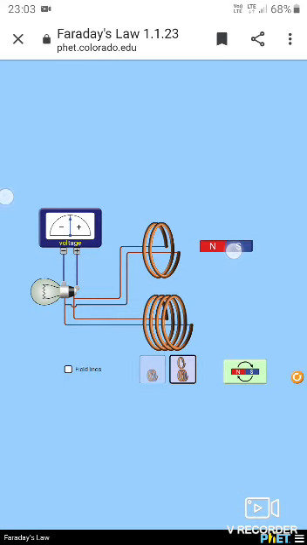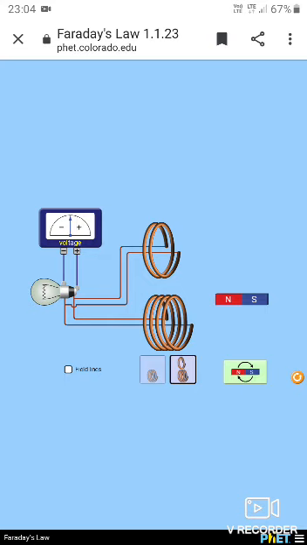The same magnet I am moving inside a coil having a lesser number of turns. Can you see? As the number of turns is lesser, observe the needle in the galvanometer. Though there is a deflection, it is not touching the extremes on either side. And the bulb is glowing, but it is not as bright as in the earlier case.